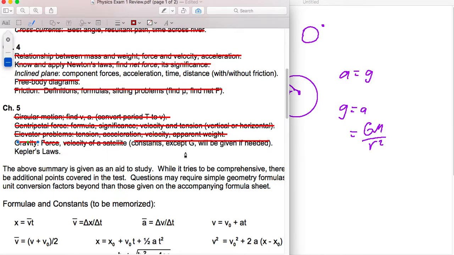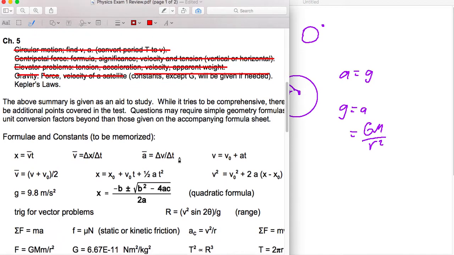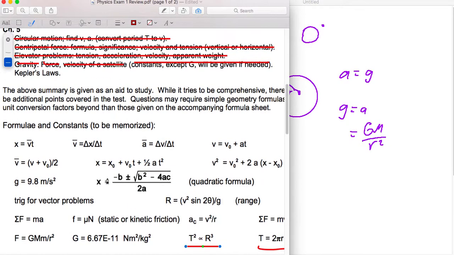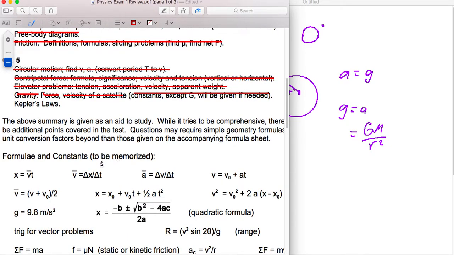Kepler's law, I did not cover that in the video. However, the formula is just right here. T squared is proportional to r cubed. So I highly doubt that your professor will cover a lot on Kepler's law, at least for Biola University.